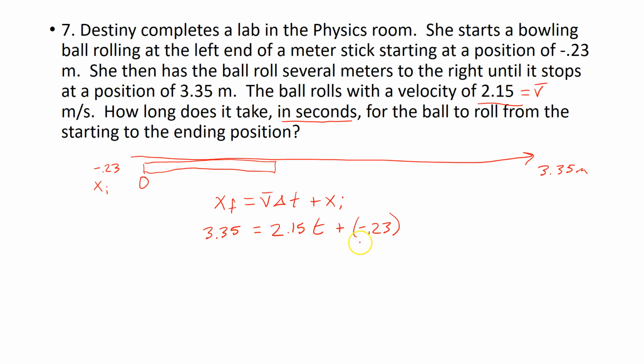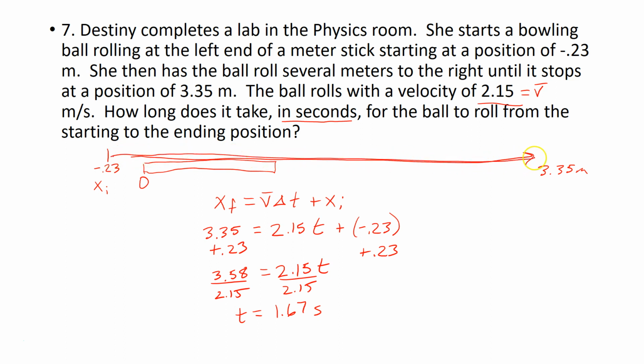We're going to take 3.35 and add 0.23 to both sides, and that gives 3.58, which is equal to 2.15 times the time. Divide both sides by 2.15, and when we do that, we end up with our time, and our time here is equal to 1.67 seconds. That is how long it takes to roll from this position all the way over to the ending position of 3.35.